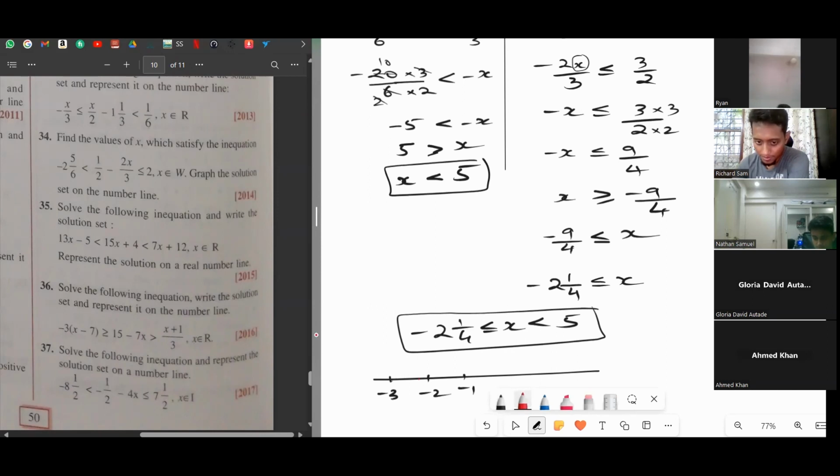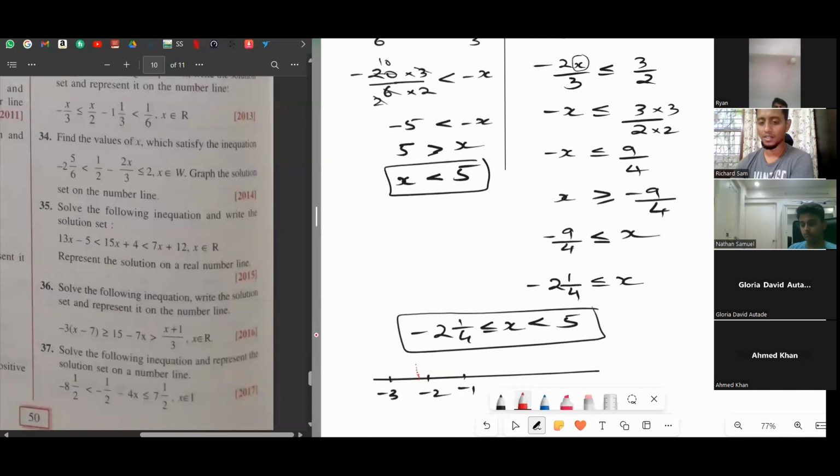Somewhere over here. Minus 2, 1 upon 4 means after minus 2, you're dividing that into 4 parts and the first part. We don't need to go very accurately and draw 4 divisions or anything. We're just approximately writing this point here as the minus 2, 1 upon 4.